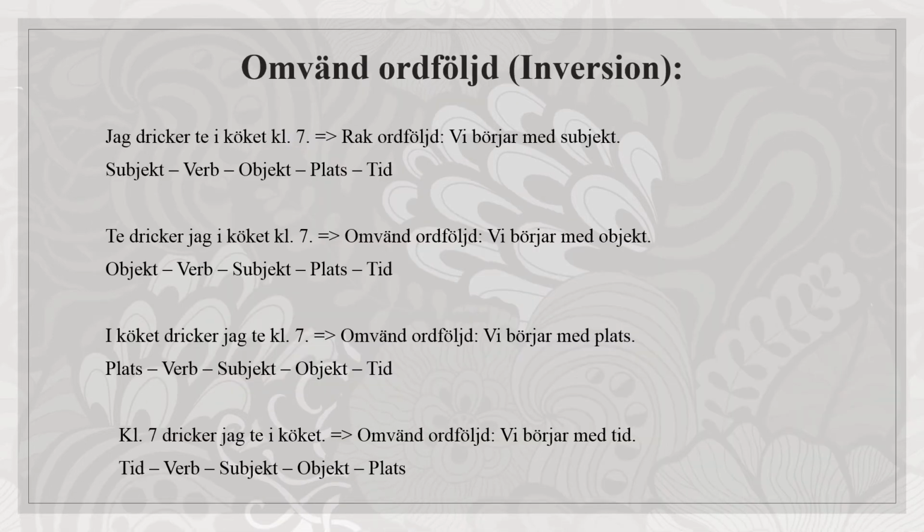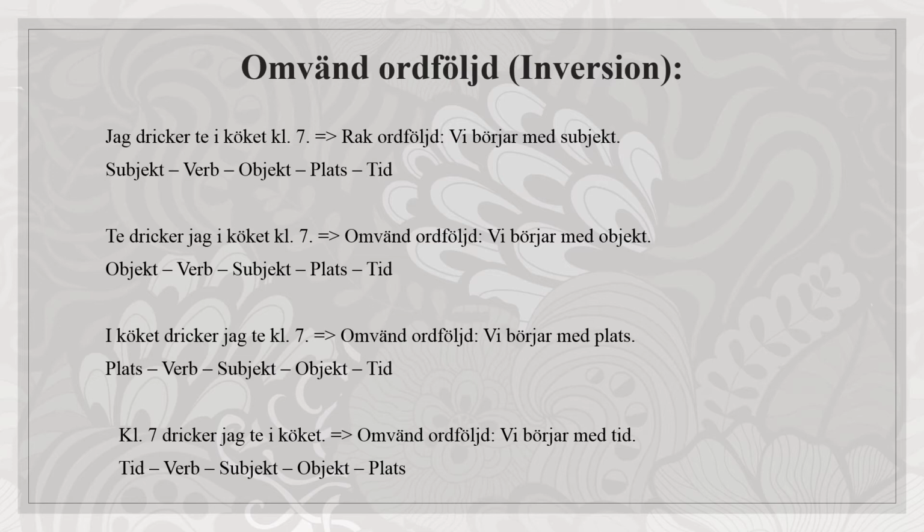Omvänd ordföljden, inversion, that is reverse word order. So let's see how to make reverse sentence in Swedish. Jag dricker te i köket klockan 7. I am drinking tea in the kitchen at 7 o'clock.